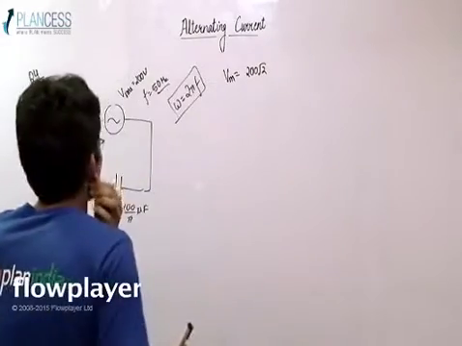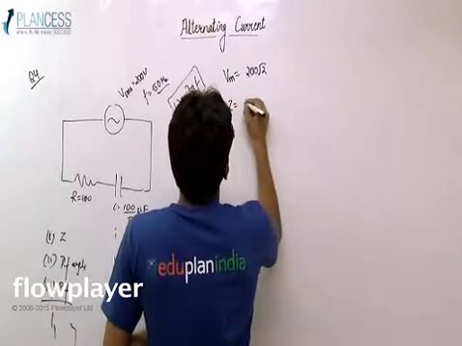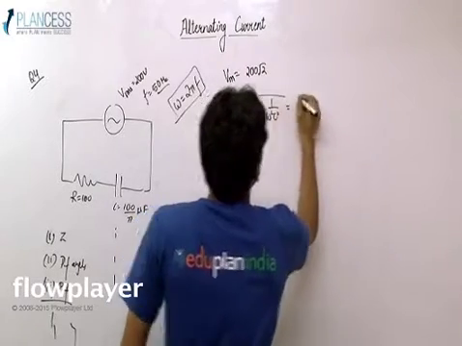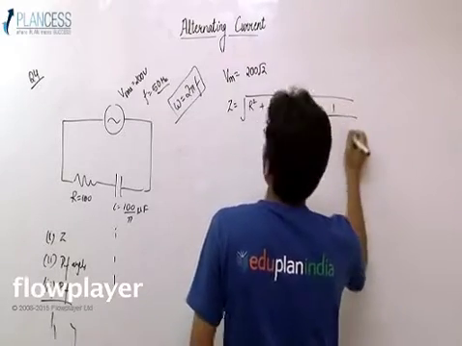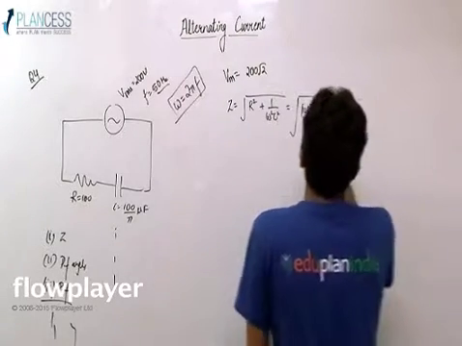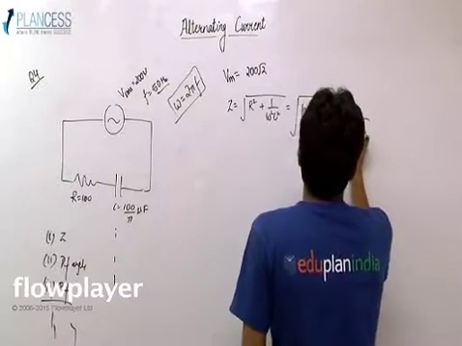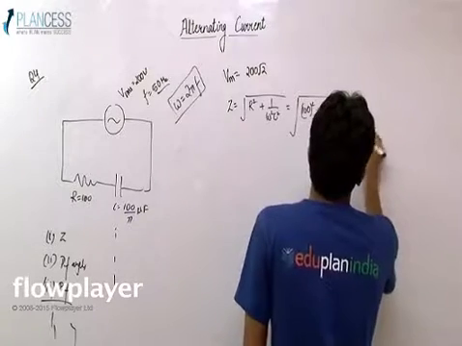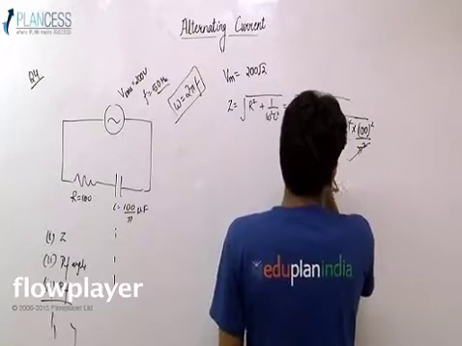Now let's do the calculation for I. Firstly, let's calculate the impedance. Impedance is equal to root over R square plus 1 by omega square C square. That is 100 square plus 1 upon omega, which is 2 pi times 50, into 100 upon pi.